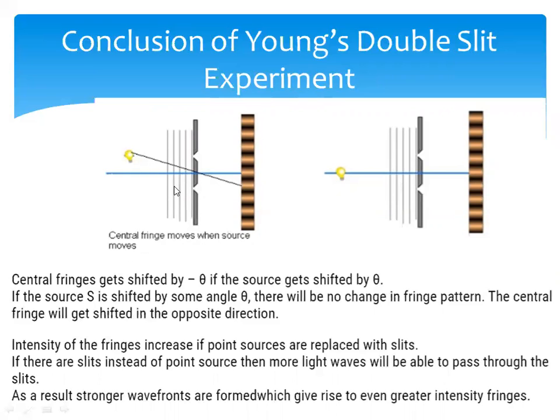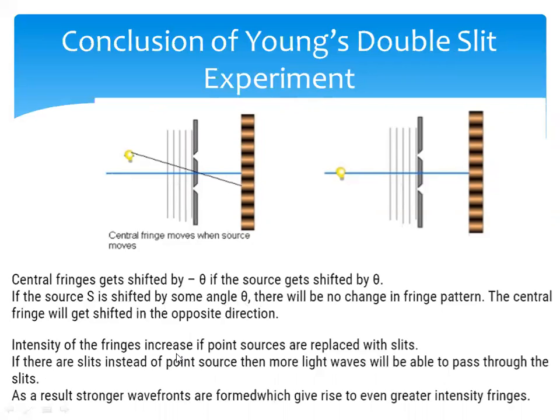The central fringe gets shifted by theta if the source is shifted by theta. So if source S is shifted by some angle theta, there will be no change in the fringe pattern. The central fringe will get shifted in the opposite direction. If the light source is shifted upwards, the fringe will shift downwards.